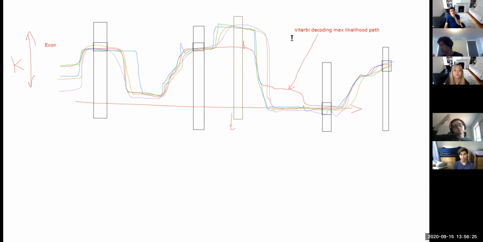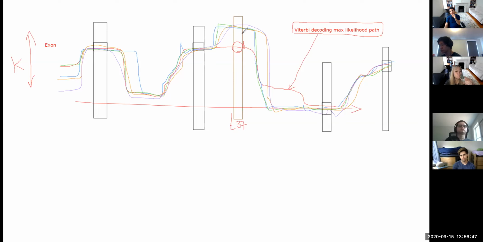What the Viterbi path will tell me is that at position, I don't know, 37 of my sequence, I am in an exonic state. That's what the Viterbi path will tell me.